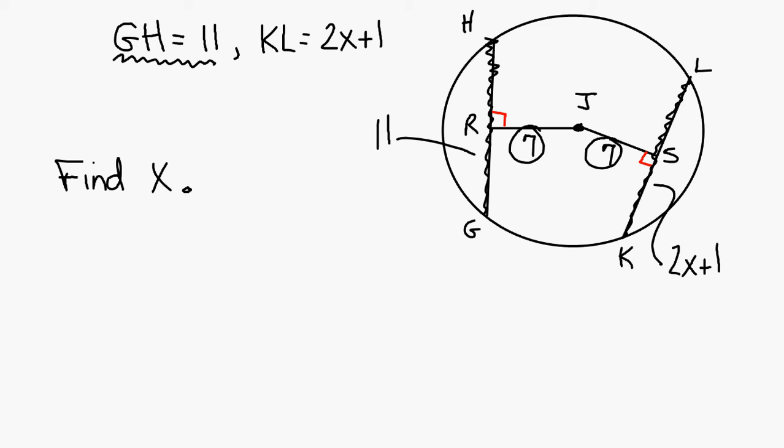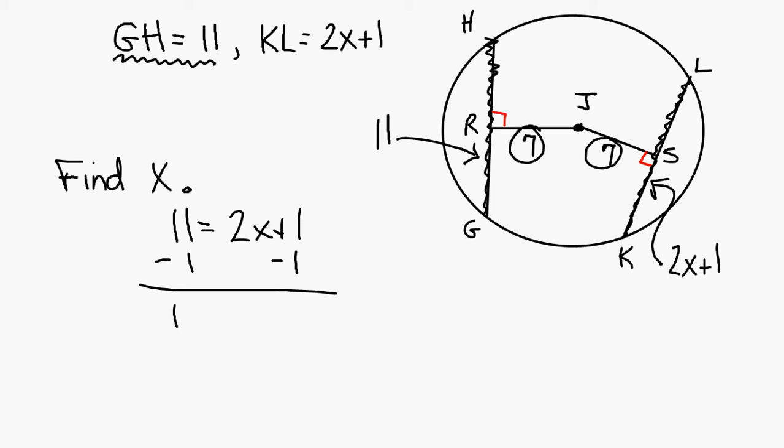So 11 is equal to 2x plus 1. The length of the chords are equal. So if you subtract 1 from each side, then 10 is equal to 2x. And if you divide both sides by 2, then 5 is equal to x.